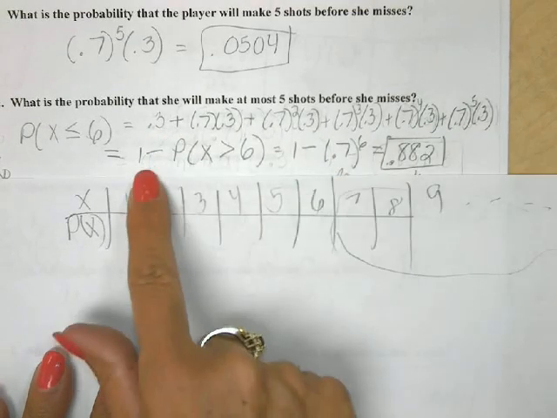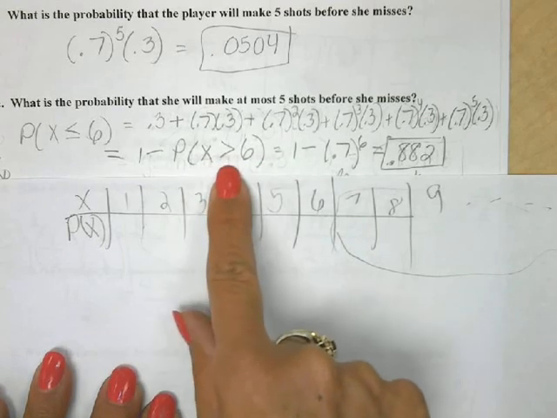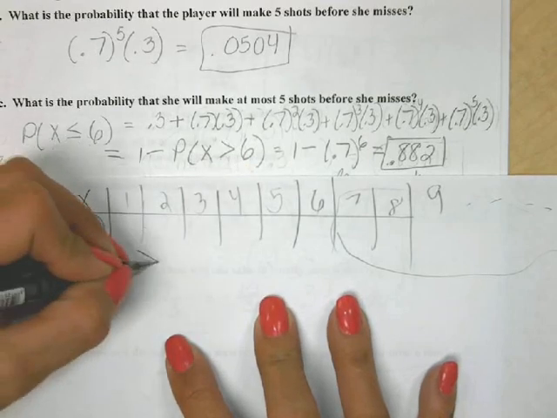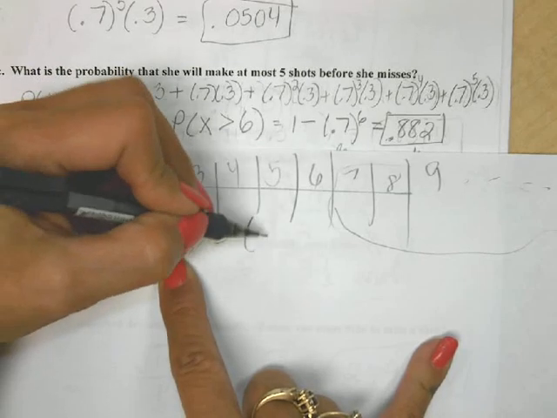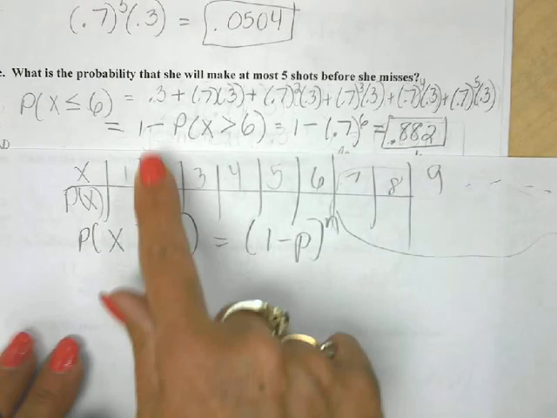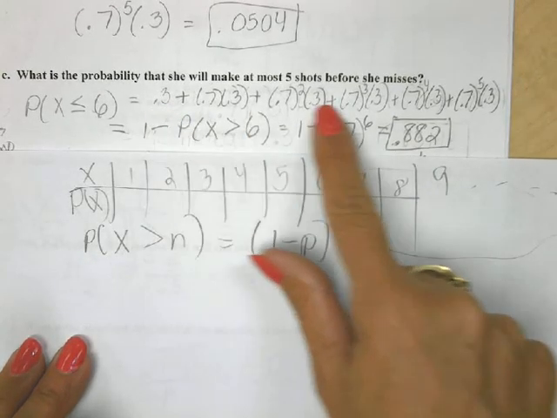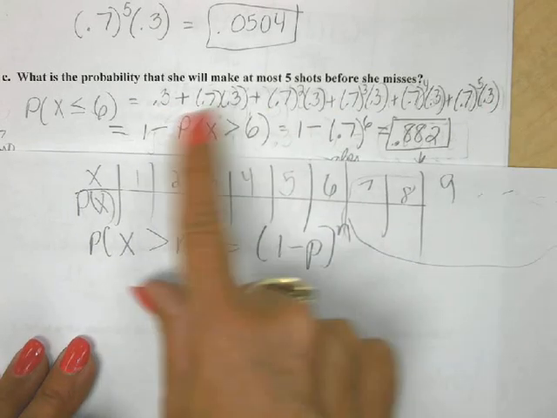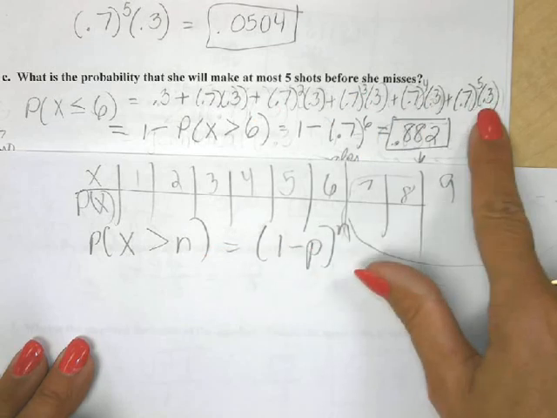A second way is to utilize that formula that anytime in the geometric setting that you want greater than some number of times, I take the probability of a failure to the nth power. And so we could utilize that. Now we can also write down this type of probability in sigma notation rather than writing all these events out, because we know that you can use the geometric CDF in order to calculate those.